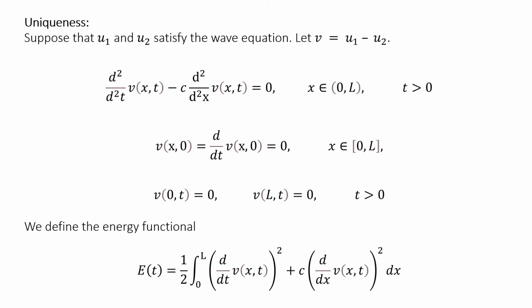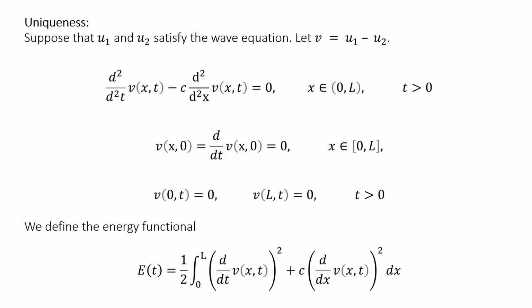What's more, for t equals 0, we see that v(x,0) is 0 and the first time derivative of v at x,0 is equal to 0 for all x in the interval from 0 to L. For all positive times t, we have that v(0,t) equals 0 and v(L,t) equals 0.